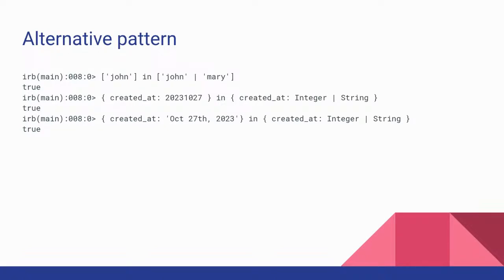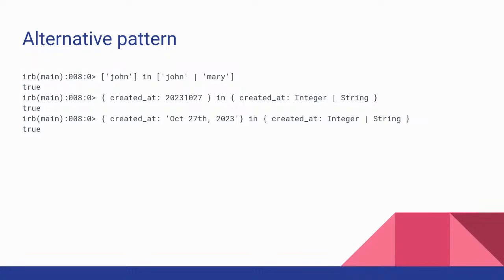Okay, the alternative pattern is also very interesting, and it is actually simple to understand and to talk about. It tells us that we can mix different patterns to compose a union of patterns against our value.